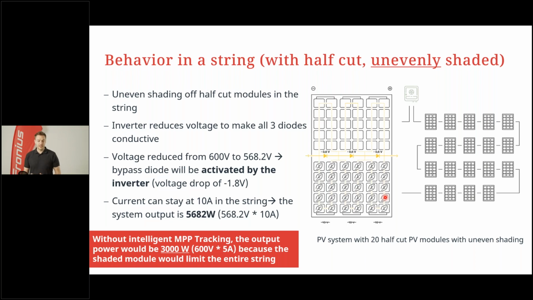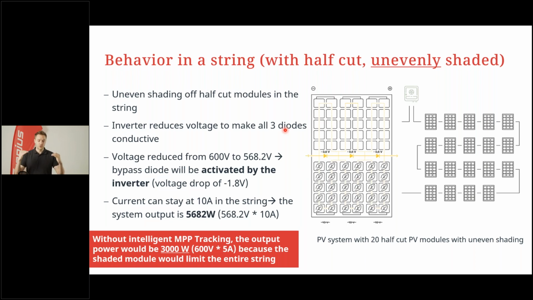Then this module does not have an advantage over a standard module in this case, because of course it's better for the inverter to make all 3 bypass diodes conductive. So to say, to kick this one module completely out of the string, because all the other modules are producing a high power. And when this string would again be limited to the current of this module, meaning 5 amps, then this would be less yield than just kicking out this module.